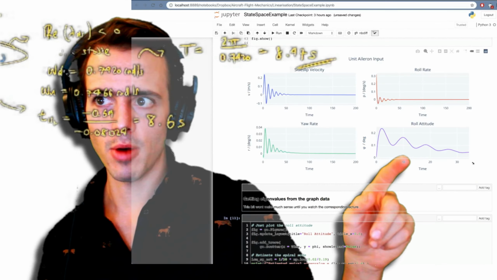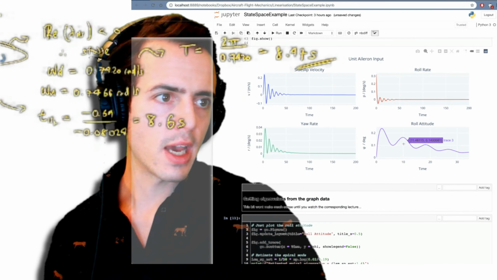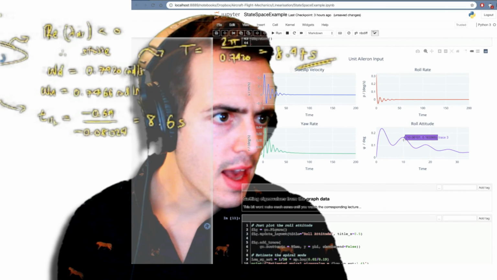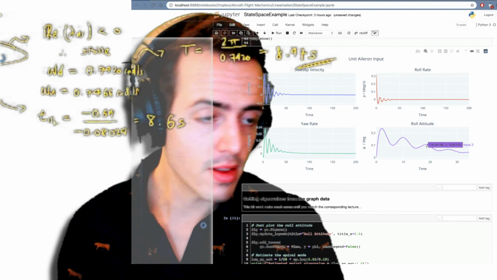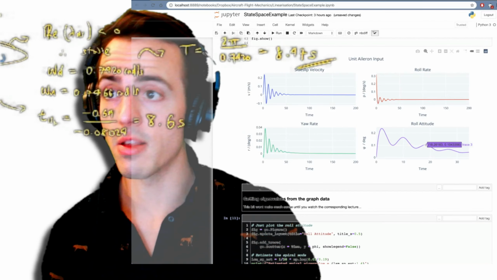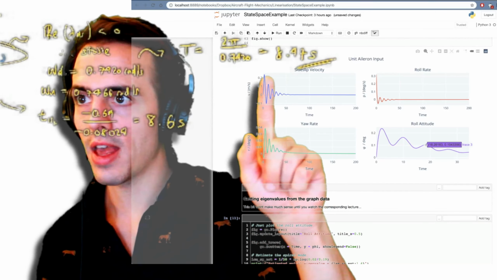We'll talk more about that in a moment. And we've got the Dutch roll mode here, but we can immediately see if we can get the period of this. So 10 seconds to 18 points, well, that's about 18.4 seconds. So about 10 seconds to 18.4 seconds is about 8.4 seconds, which is what we expect.